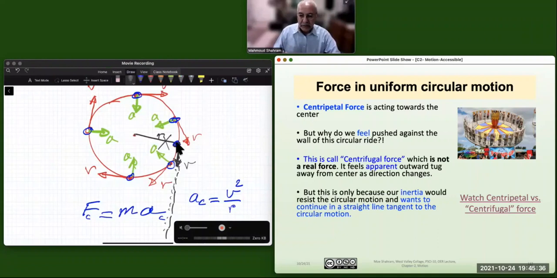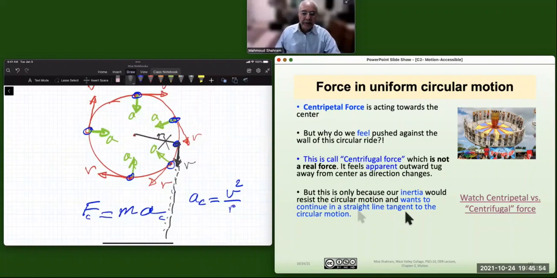The inertia of this object, once it's cut from that circular motion, wants to go straight. So this is called the centrifugal force. There is an interesting video here that talks about that. Pretty nice video, but it takes some time. In the interest of the time, I'll let you guys watch that on your own.